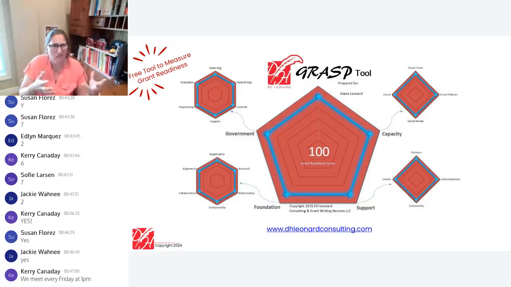Actually, I'll go back to MacArthur again, and that 100 and change process that was open a few months ago is one such example, because they're trying to make sure that the groups that are applying are not too small and are not in the wrong mission area for the type of work that they want to do and not in the wrong type of collaboration for what they want to do.